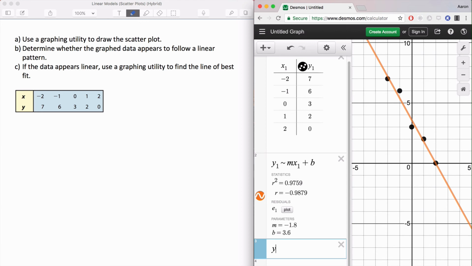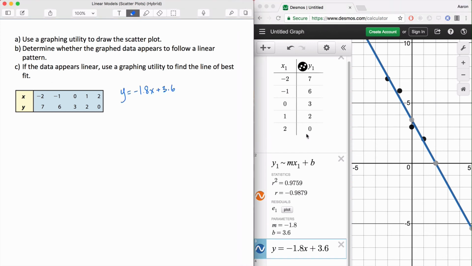If we say y equals -1.8x plus 3.6, we can see that this blue line falls perfectly on top of our orange line, which was graphed as our line of best fit. So these are the correct values for our slope and our y-intercept for the line of best fit.